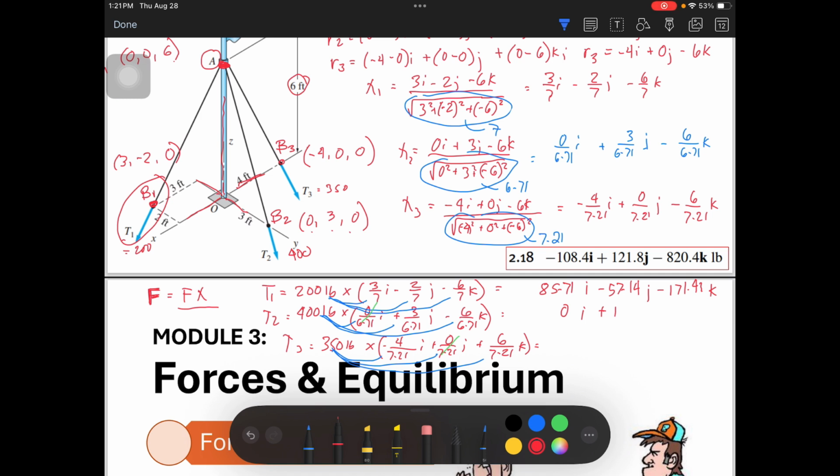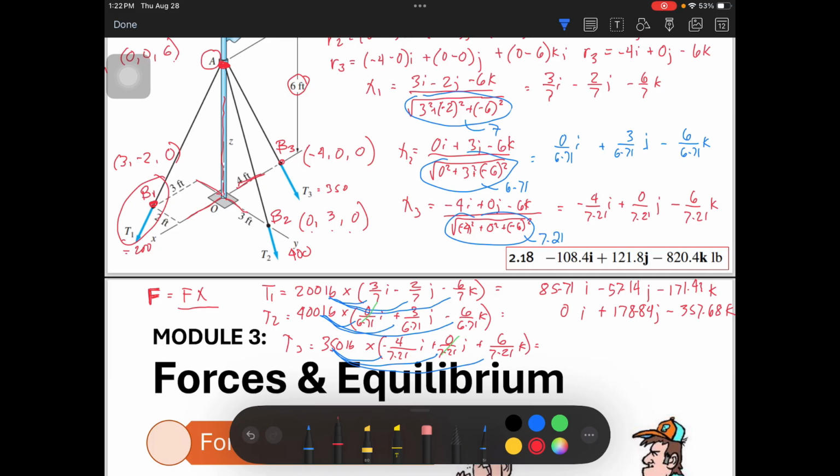So, it's 178.84 J. And then next, 400 times negative 6 over 6.71. So, that is 400 times 6 over 6.71. So, it's negative 357.68 k.